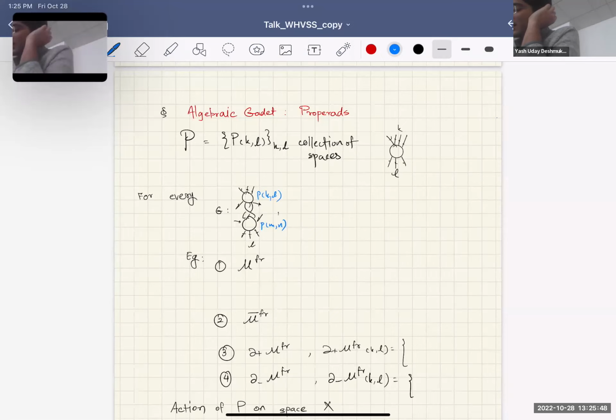So graphically you can write it like this, where some of the outputs of the first one, let's say S of them, are identified in some order with some inputs of the second one. And the data of a prop also includes the information of how to compose your operations for every such way of plugging outputs into inputs of the next operation.